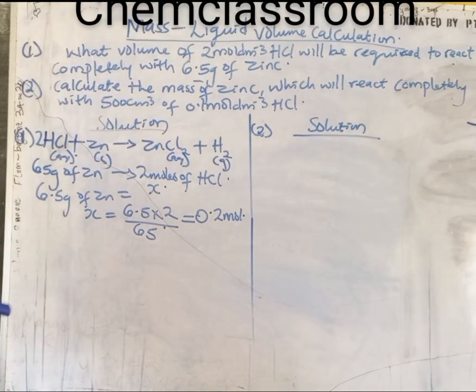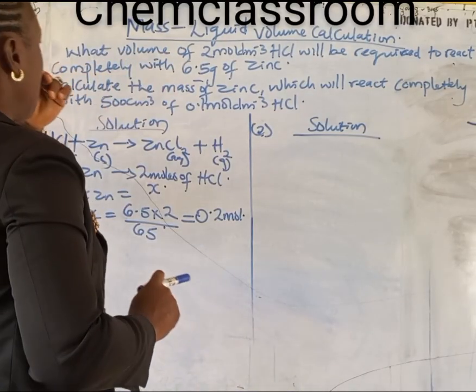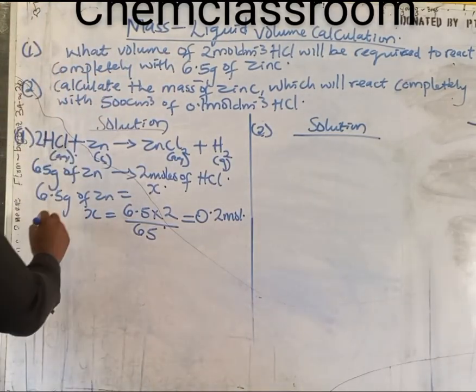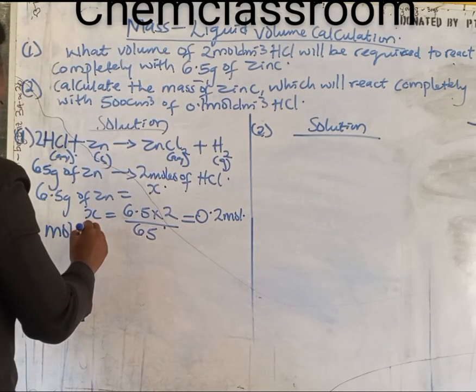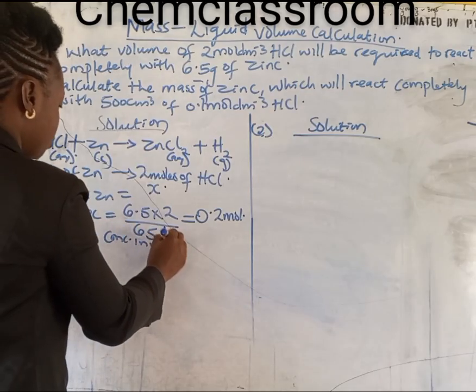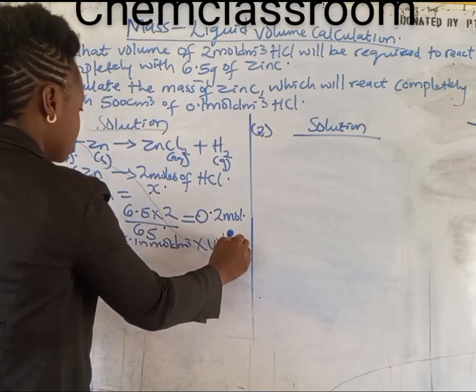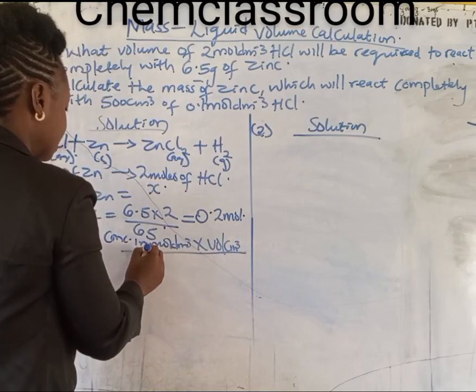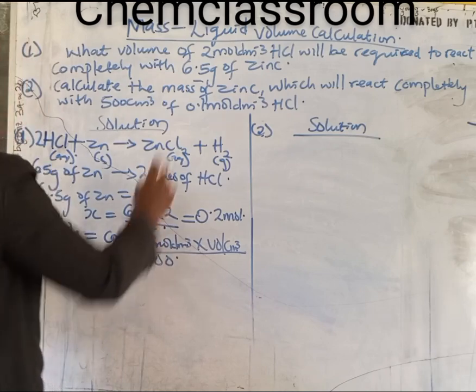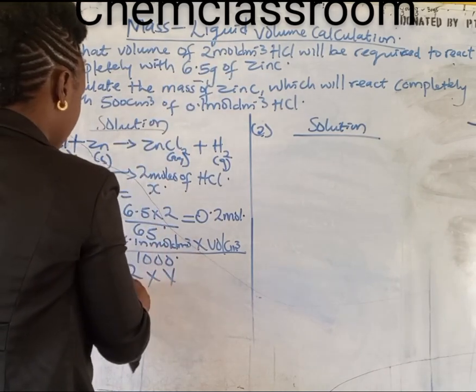So at this level, I'm expected to look for the volume. Mole equals concentration in mol/dm³ times volume in cm³ over 1000. We are given the concentration to be 2, and the volume is what I'm looking for.